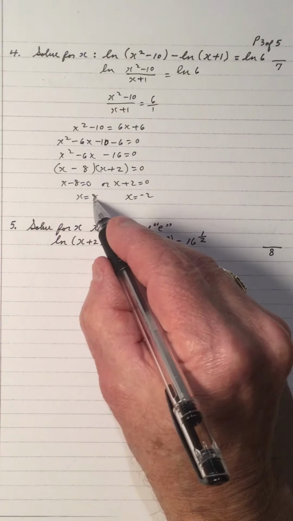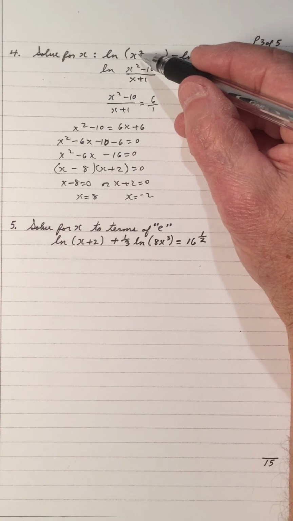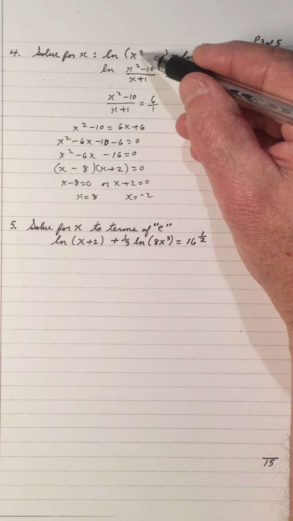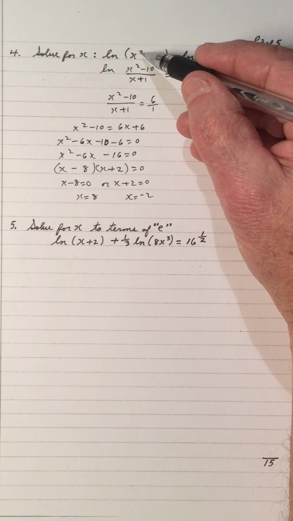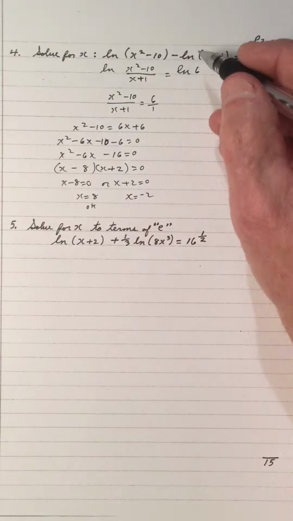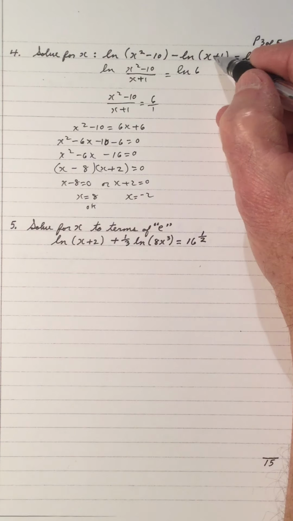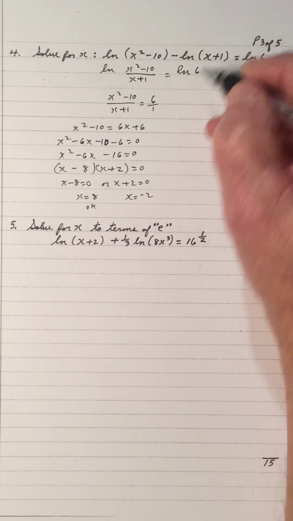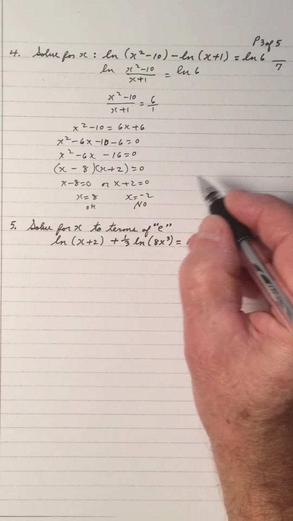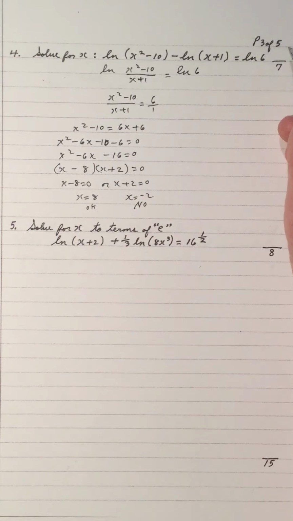And we sub back in. We put 8 here, so 8 squared is 64, minus 10, positive. Put an 8 here, 8 plus 1 is 9, positive, so that's okay. And we put a -2 right here, we get the ln of a -1, can't do it, so that's a no. So the answer, x equals 8.